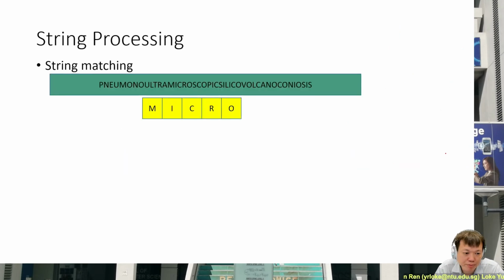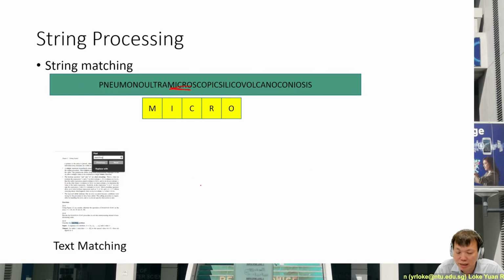Another problem people talk about in computer science is strings. A lot of problems involve a string where you want to search whether a word is in the string or not. How do you find this particular word in the string? That is the string matching problem. In daily life, you always search for a keyword in lecture notes or textbooks, which is text matching.